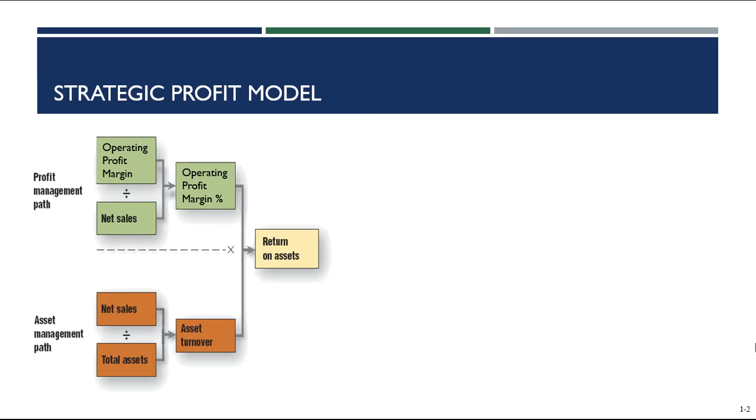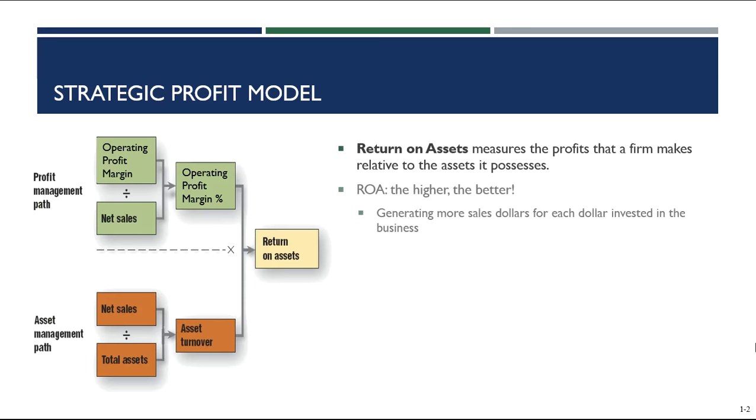So what we're going to do today in this lecture is walk through an example of activities that fall within each path, and we'll discuss how ROA can be achieved through various combinations of the activities within these two paths. So we're going to start with the profit management path.